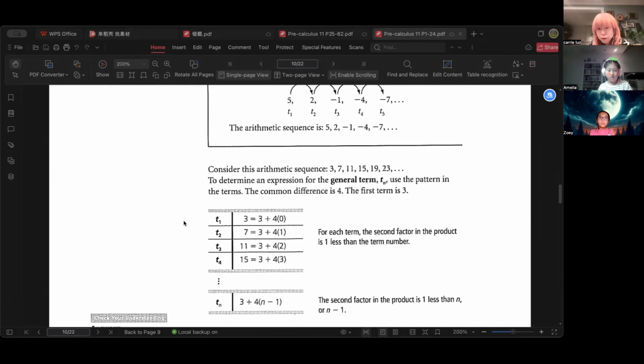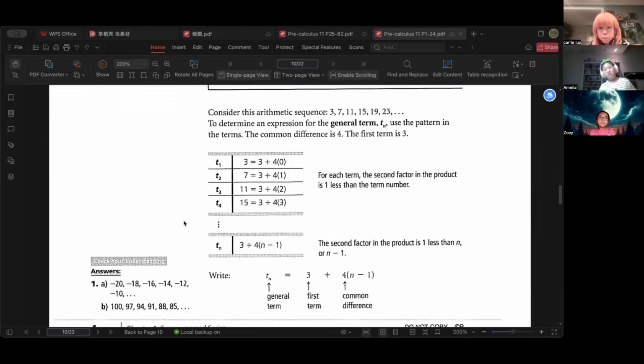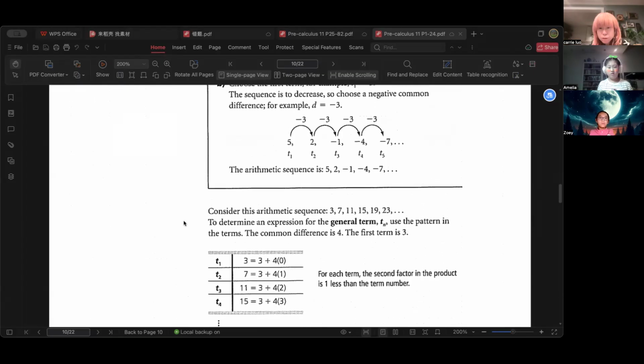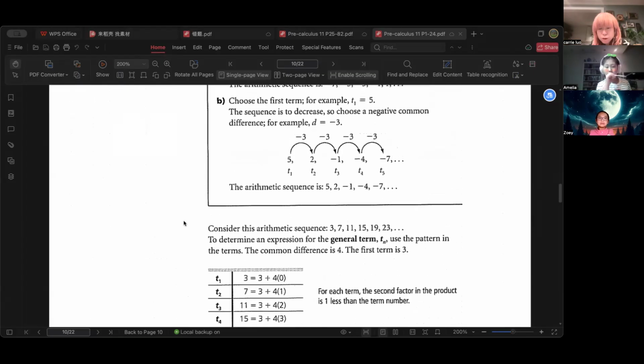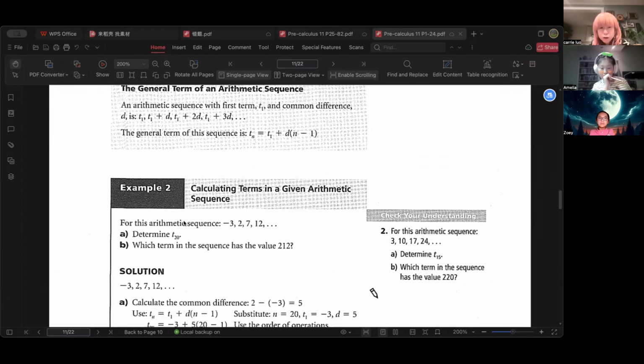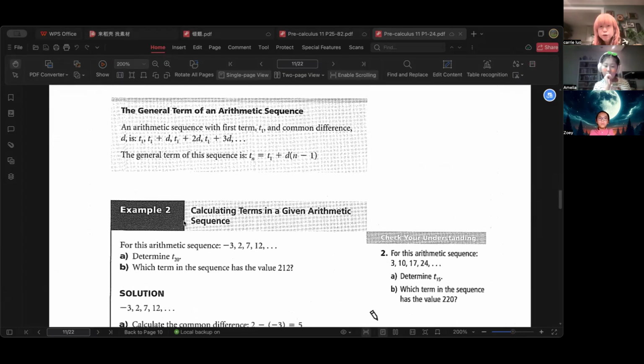Okay, so let's take a look at this one. Well, that one we don't really have to do. Okay, so let's take a look at this one. For the general term of an arithmetic sequence, I would like you to write it down.